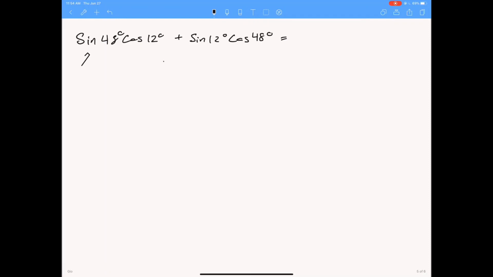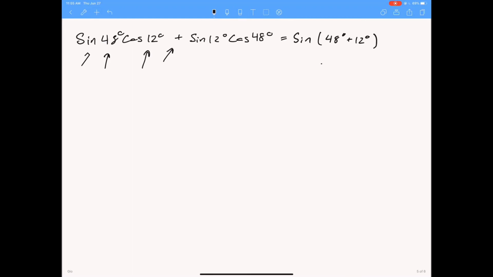Since we have a plus here, if we look at our formula, a plus on the outside means a plus on the inside. And our two angles we're adding will be 48 and 12. So that's equal to sine of 48 degrees plus 12 degrees.